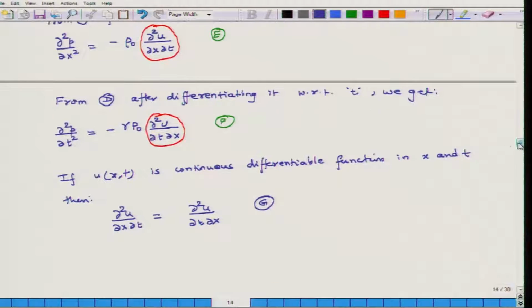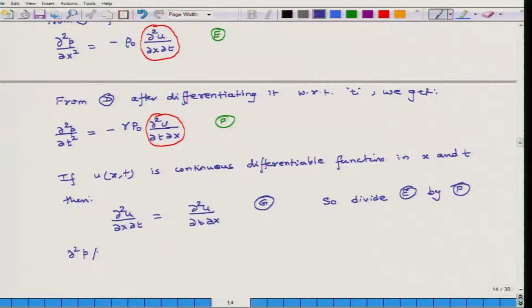So, G. From E, F and G what we can write is: if I divide E by F, then I can eliminate u. So, what do I get?